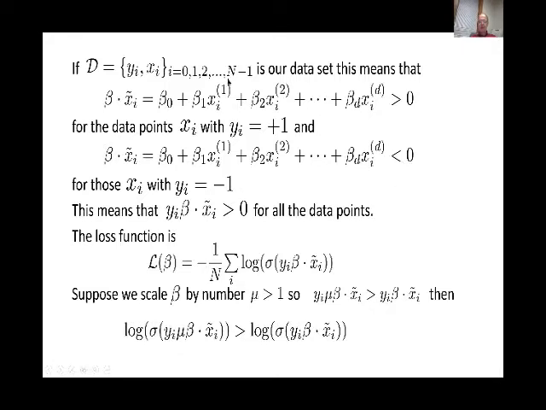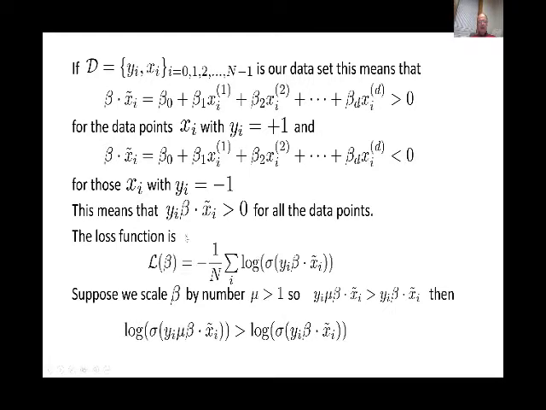That's simply because the logistic function is bigger than 1/2 when this expression is positive, and smaller than 1/2 when it's negative. That's how we separate points using logistic regression. We look at the logistic function applied to beta times xi; if its value is bigger than 1/2, we label it +1. If it's smaller than 1/2, we label it -1. And that corresponds precisely to this expression being positive or negative.